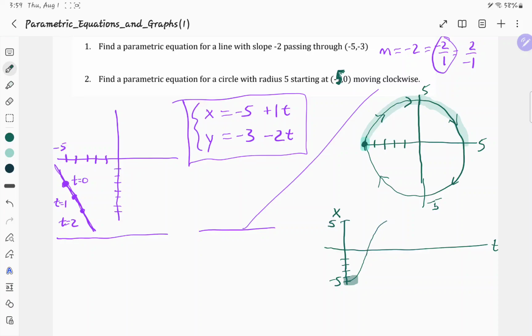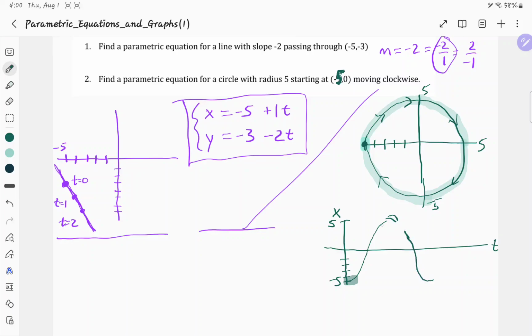All right, so we'll peak out at 5. And then we'll go ahead and come back down the bottom half of the circle, going to x is 0 again right there. And then x is -5. So we'll go ahead and switch back, going to x is 0. So from here to 0 down to -5.